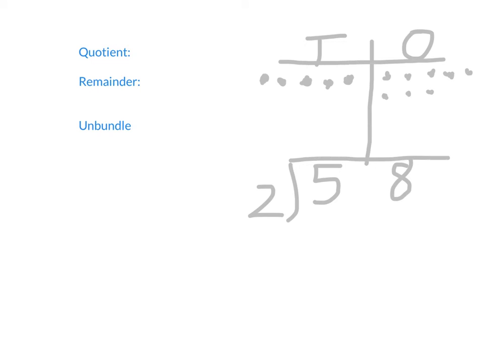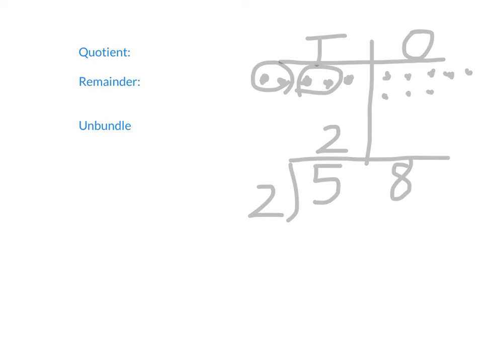All right, let's see how many groups we can make. In the tens place, we can make 1 group of 2, 2 groups of 2. But we have 1 that we cannot make into a group of 2.